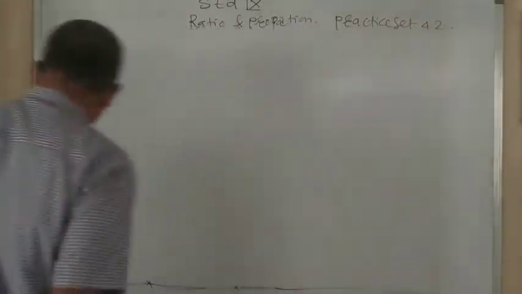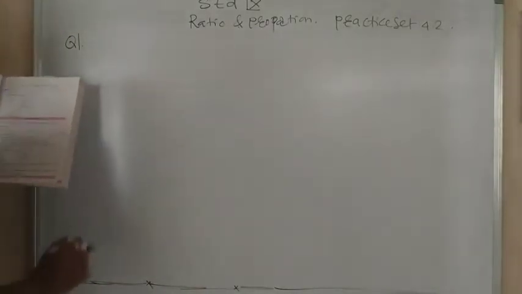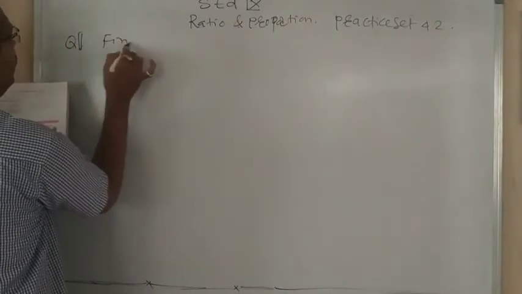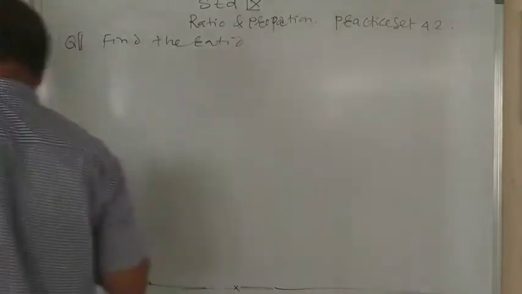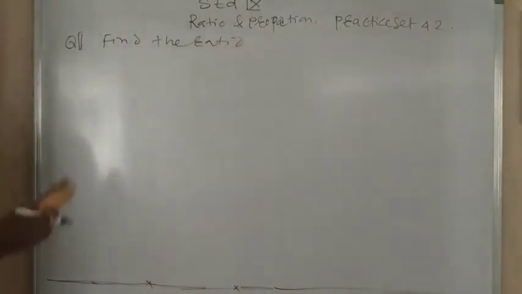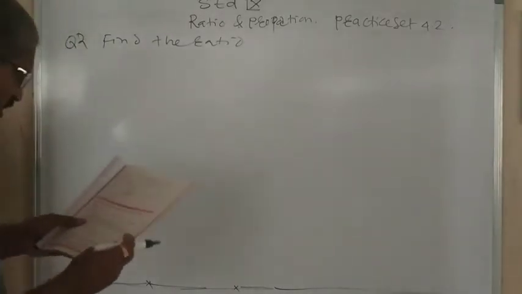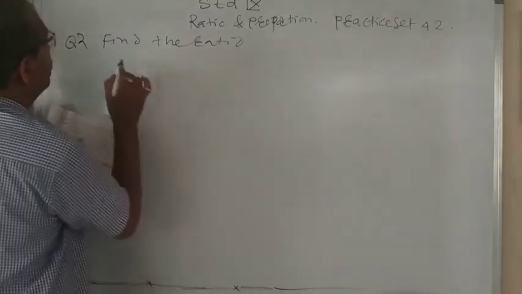Now we are going to see question number 2. What is told? Find the ratios. In question number 2, the first question given is the ratio of radius to circumference.